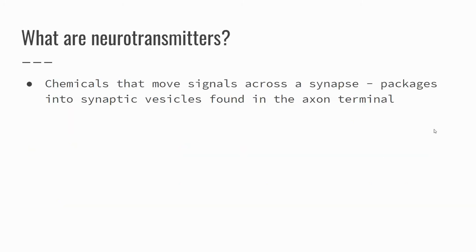Now, it's important to understand what a neurotransmitter is because it's found in lots of places, not just across the synapse. Essentially, neurotransmitters are chemicals that, in this case, move the signals across the synapse, and they're found inside synaptic vesicles. But a neurotransmitter can be found in lots of different areas, especially in your brain.